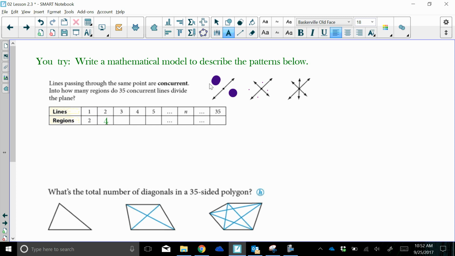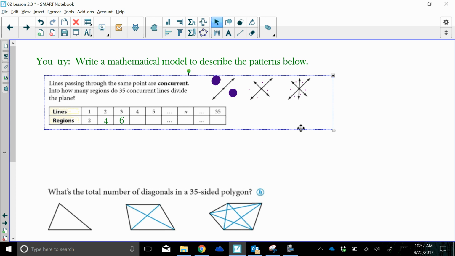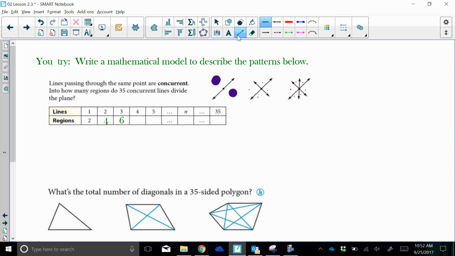And looking at the third one, 1, 2, 3, 4, 5, 6 regions with 3 lines. Then if I were to draw 4 lines, and I could do this as long as you need to until you can recognize a pattern.